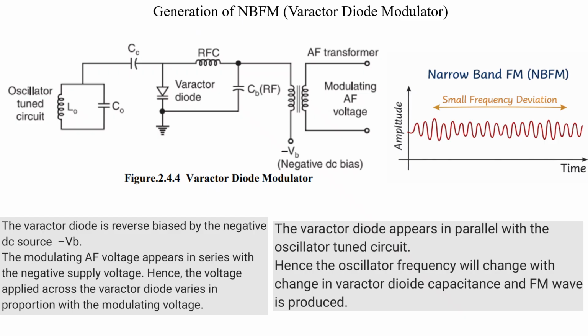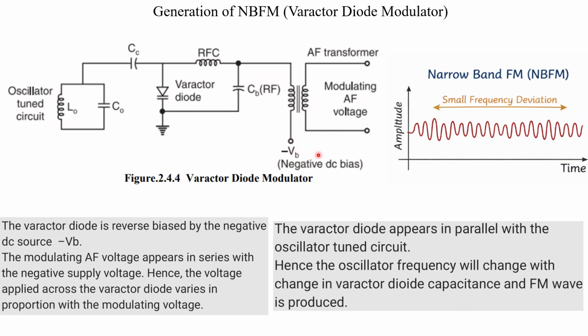So here is the circuit exactly, that is how we can get it. Here is your frequency modulated wave, and here is your diode which will vary, and because of this diode, your frequency will vary. And here is your tuned oscillator, so this will help, right? The varactor diode is reverse biased by a negative DC source, that is minus VB here.